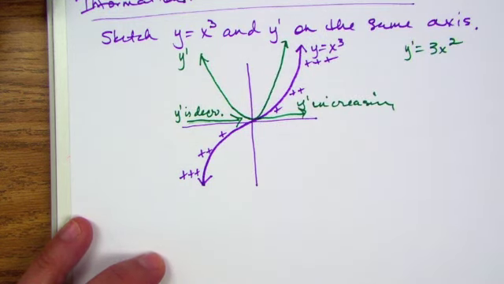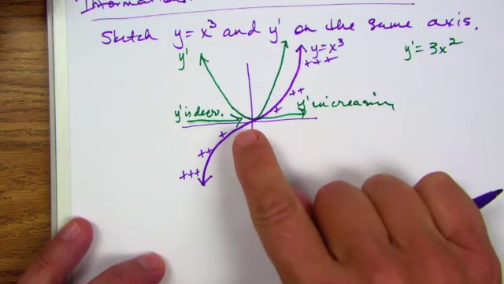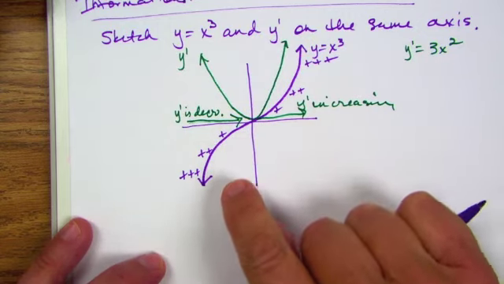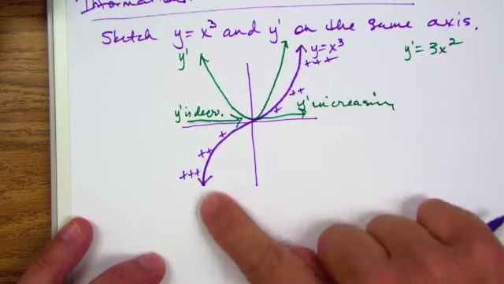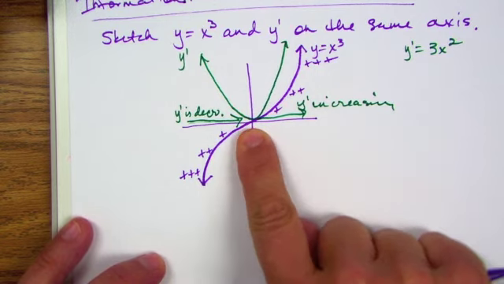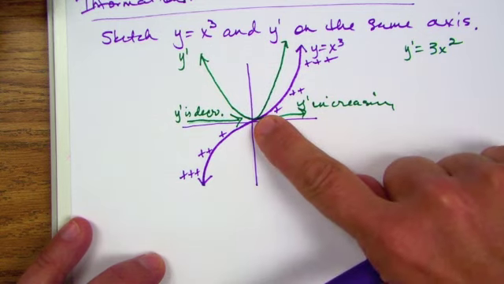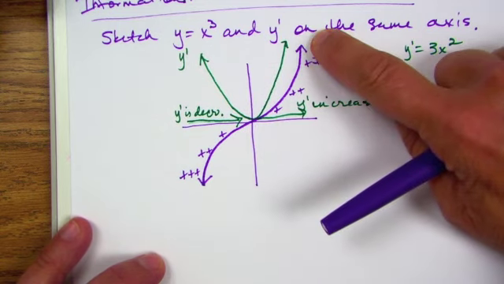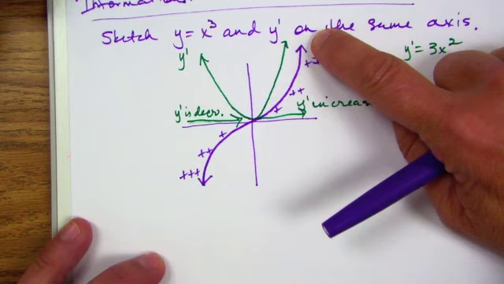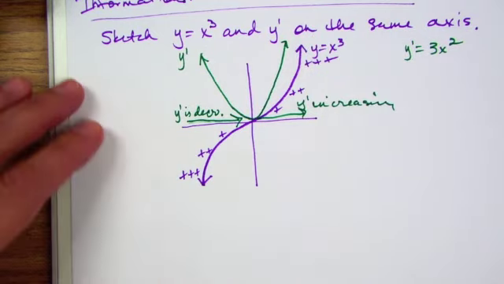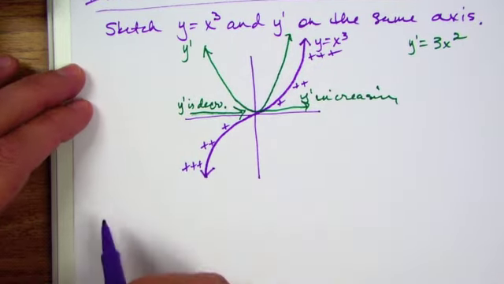So in other words, if your second derivative is negative, the curve is concave down. If the second derivative is positive, the curve is concave up. So that's our connection that we're trying to make here.